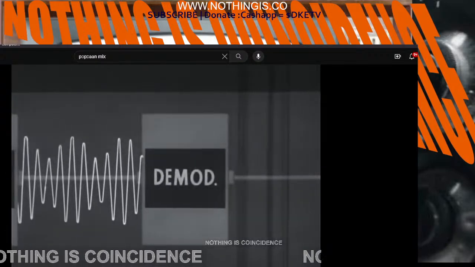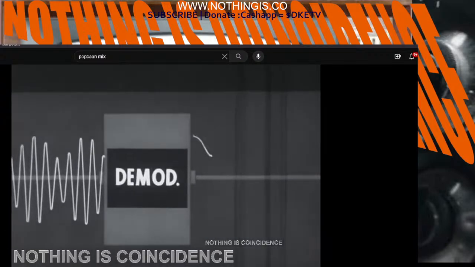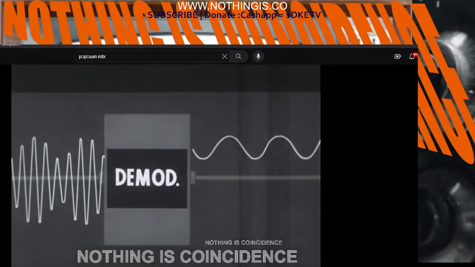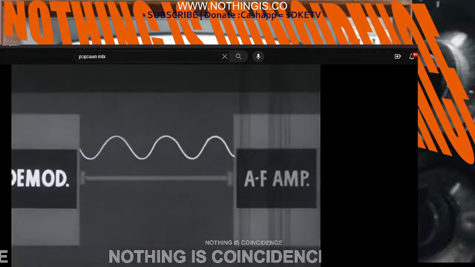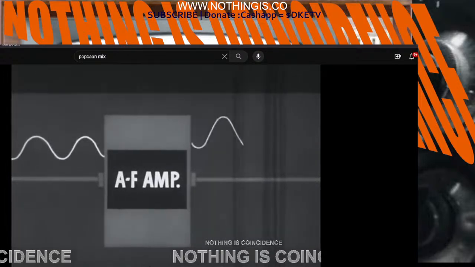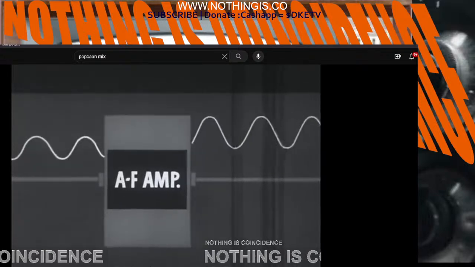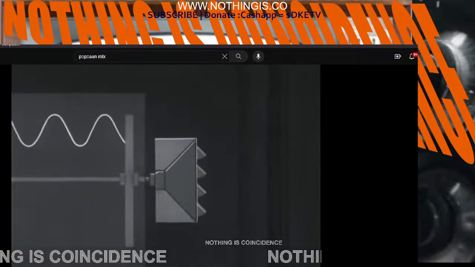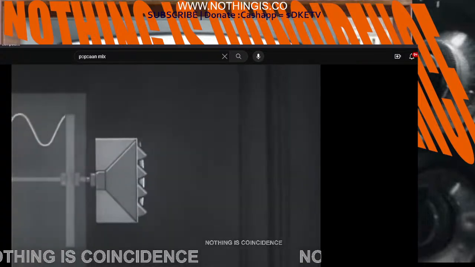Then it feeds them to the demodulator. The demodulator changes the RF amplitude variations back into audio frequency energy. This audio energy is built up or amplified by audio frequency stages. Then it is finally fed into a speaker, which turns it back into sound.